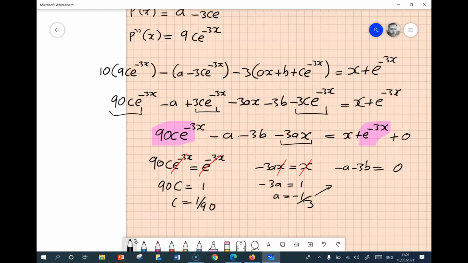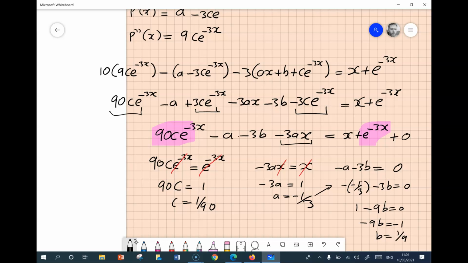Now I already know what a is. It's minus 1/3. Minus 3b equals 0. I multiply everything by 3 just to get rid of my fraction. So minus minus is a plus. I get 1 minus 9b equals 0. So minus 9b equals minus 1. So b equals minus 1 over minus 9, which is just a ninth.